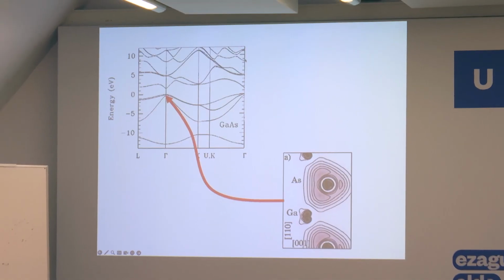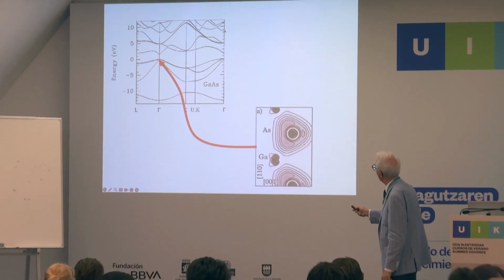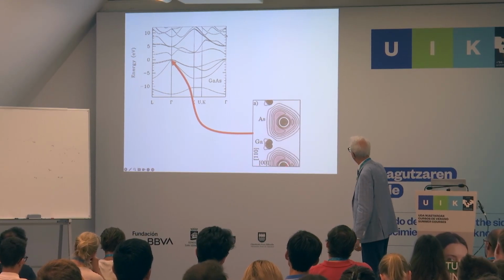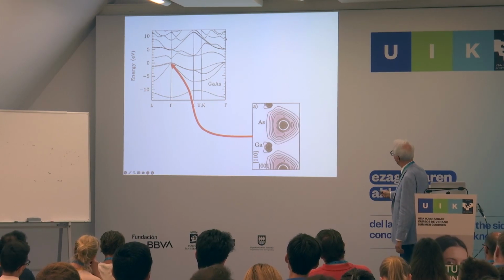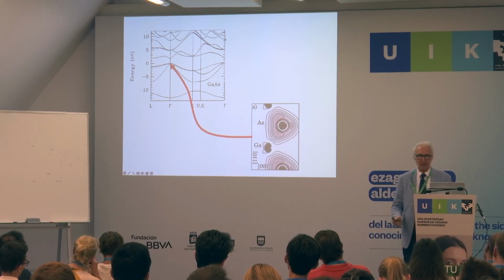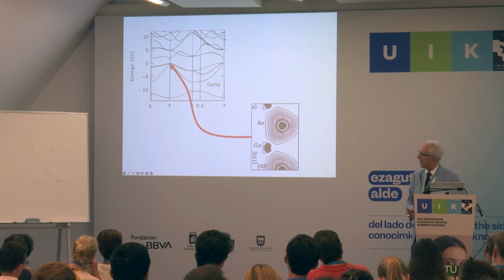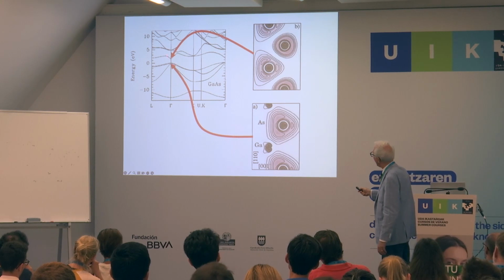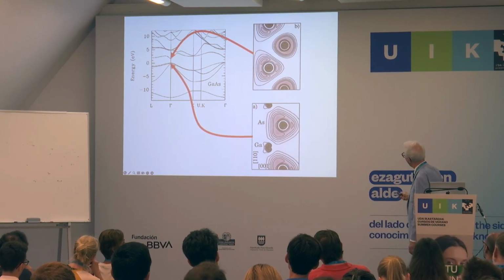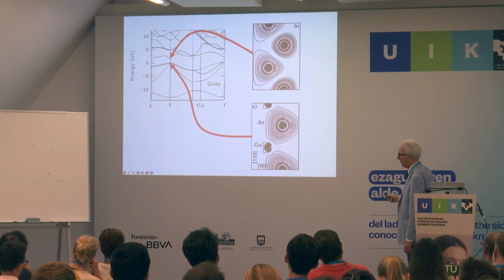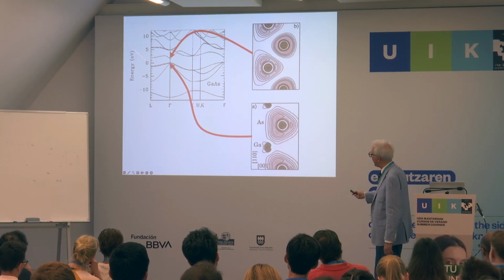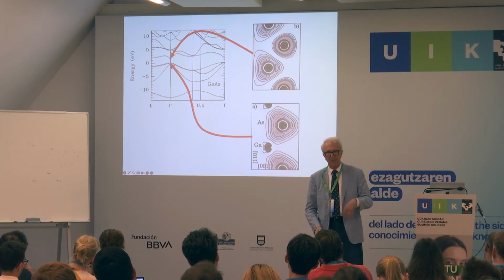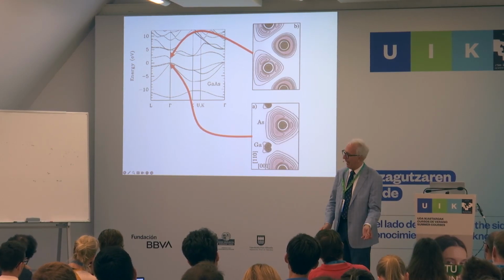Let's think about gallium arsenide, and look at some of the bands in the valence bands here. Here's what the situation looks like. Most of the electrons are around the arsenic, the electronegative ion. Up here in the conduction band, some of the electrons have moved to the gallium. So if I absorb light here, somehow electrons have to get from being around the arsenic to being around the gallium. How are they going to do that?